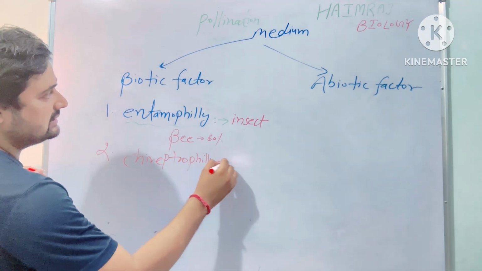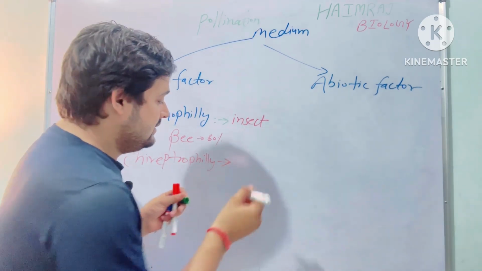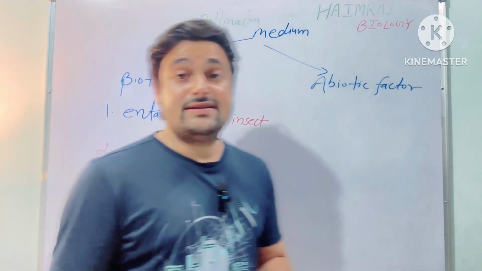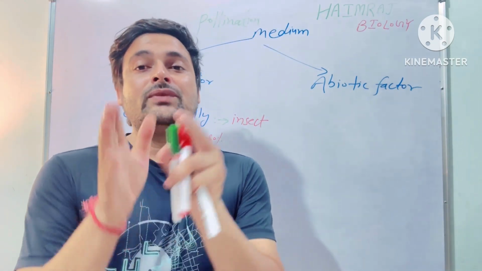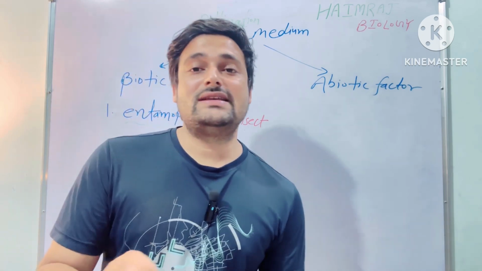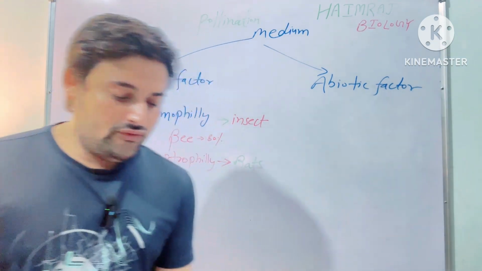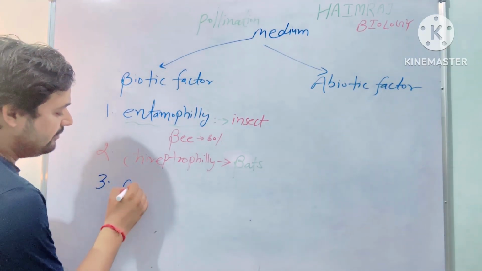This can be done by different kinds of bats. If bats transfer pollen grain from one flower to another flower, then this process is called chiropterophily.